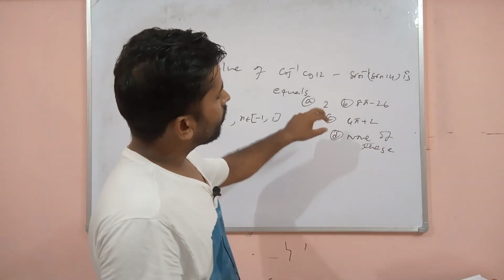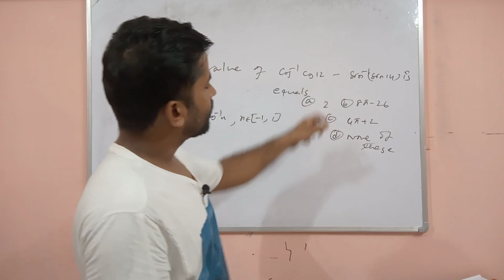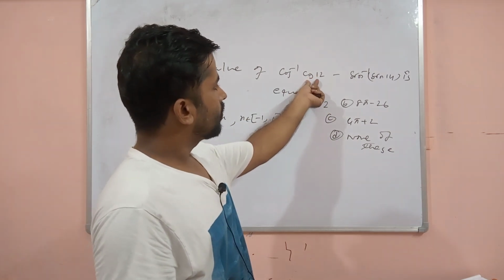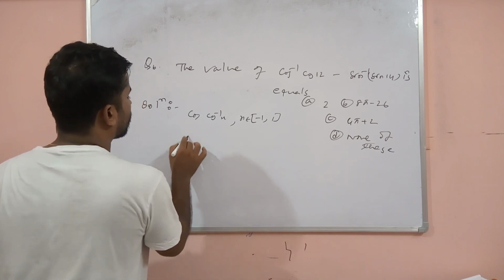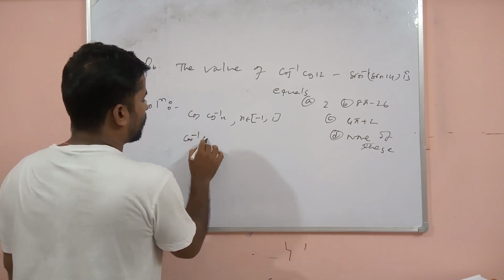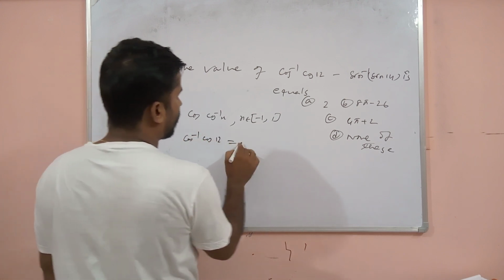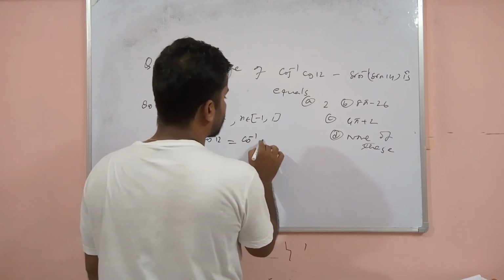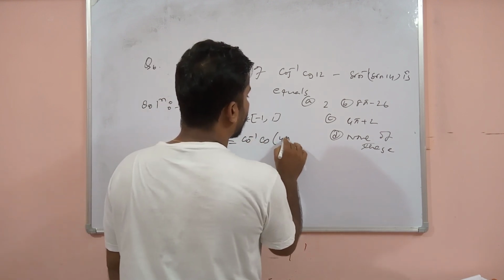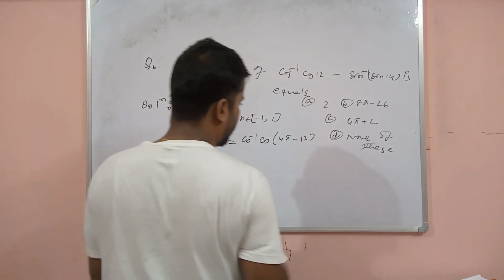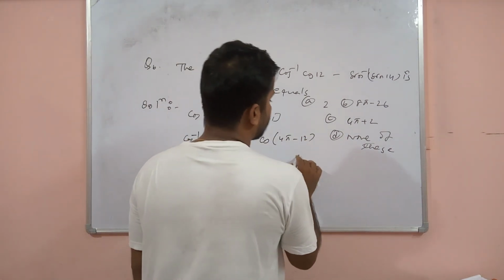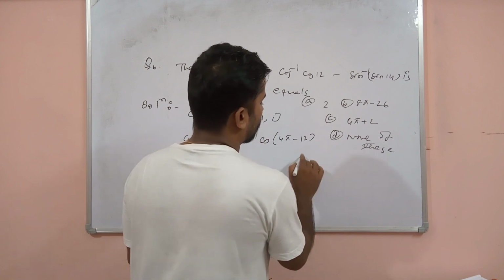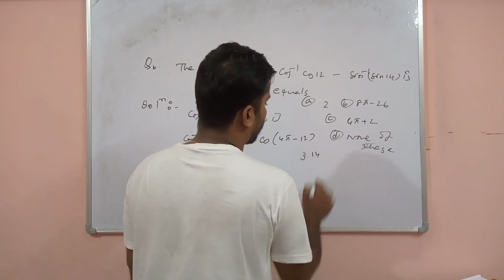So we should express this like, look, cos inverse cos 12 is equal to cos inverse cos of 4 pi minus 12. Do you know why? Let's see. As you know, pi is 22 by 7, or it has another value, 3.14.